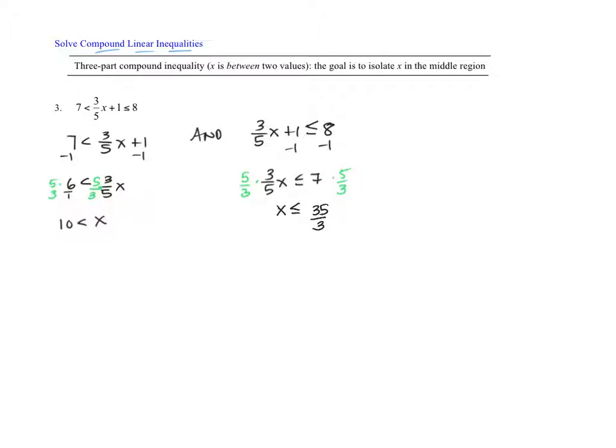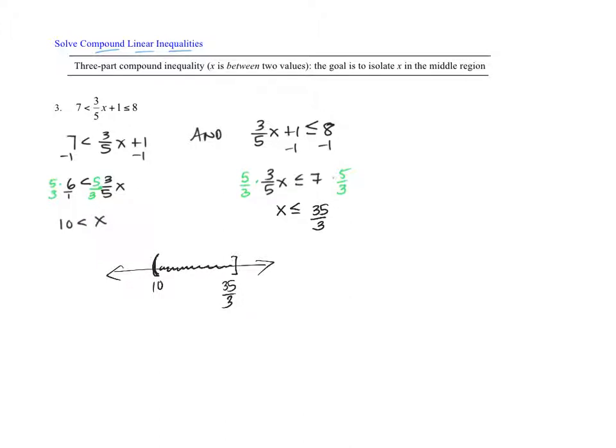Okay, and for me to put these together, I personally like to graph them. So I've got a 10 and then 35 thirds. And that's a little bit less than 12, so we would have all these numbers in between there.